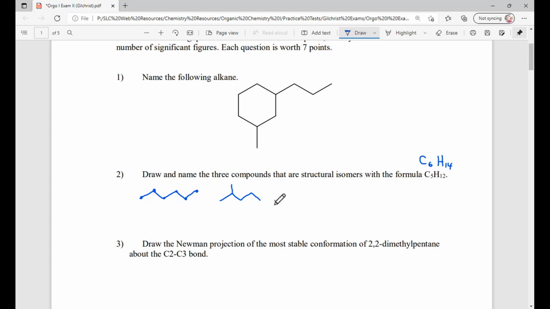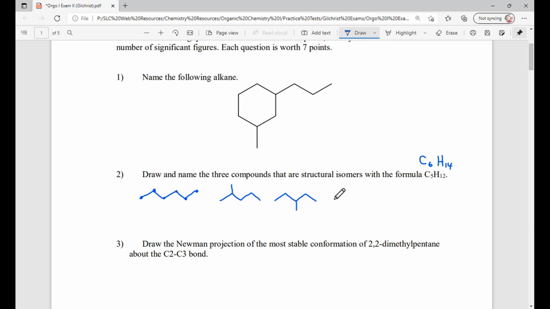What's another possibility if my longest carbon chain is 5? Where else could I put it? The center atom, the center carbon atom. Are there any other possibilities that would give me a new compound? What do you think?